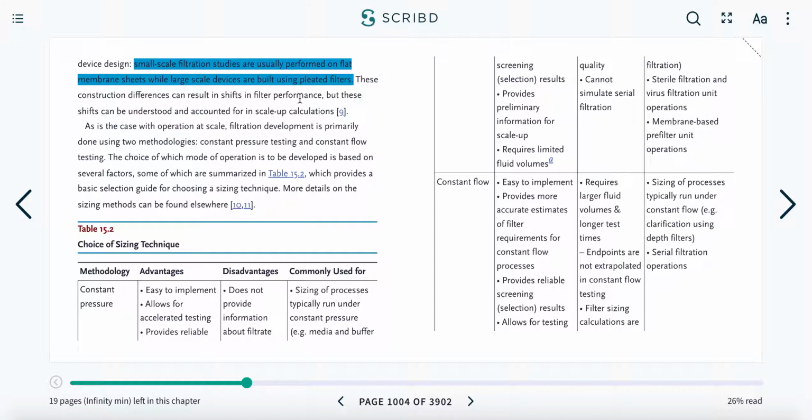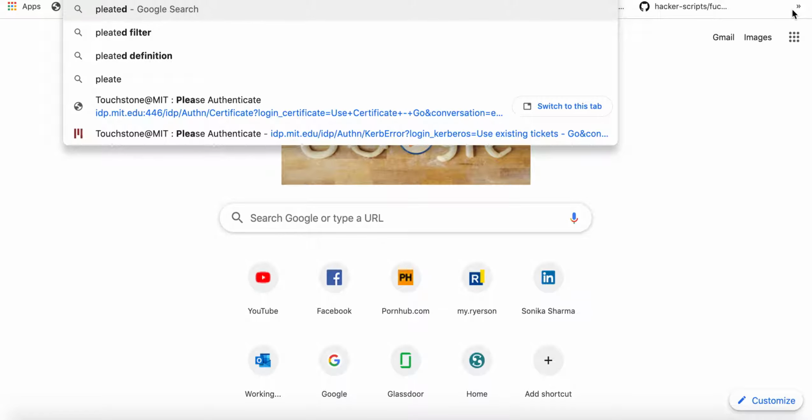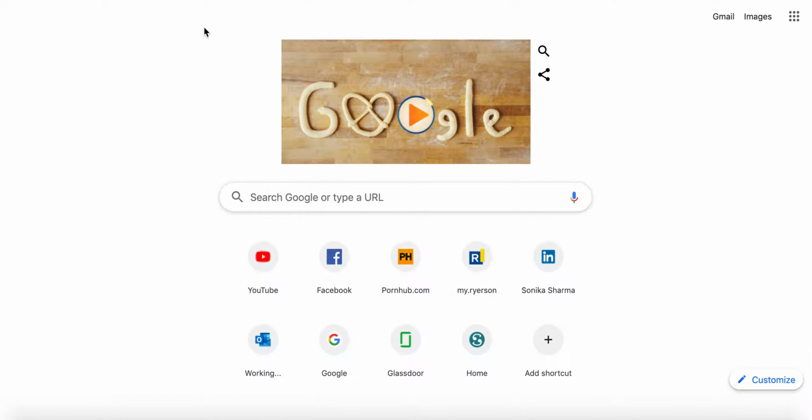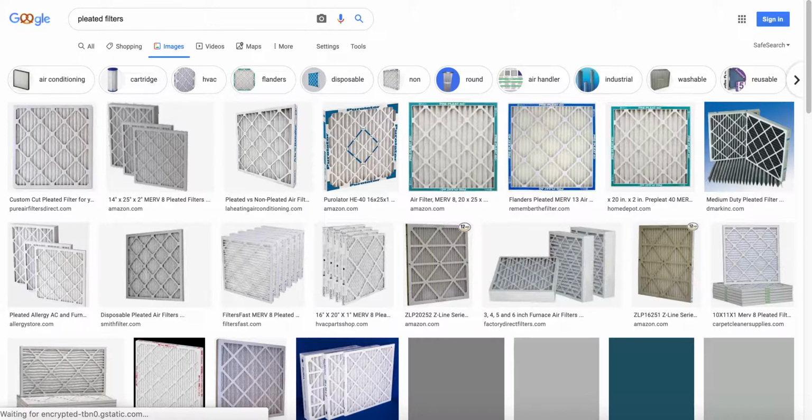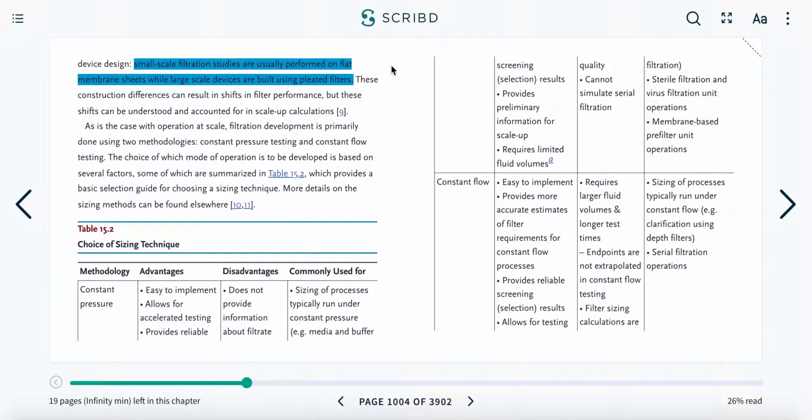That's true. So pleated filters look like this. These construction differences can result in shifts in filter performance, but these shifts can be understood and accounted for in a scale-up calculation.